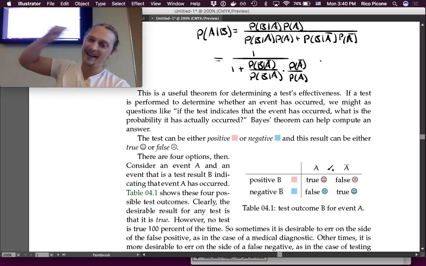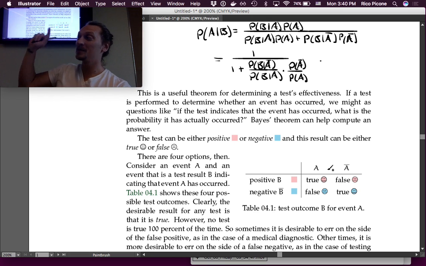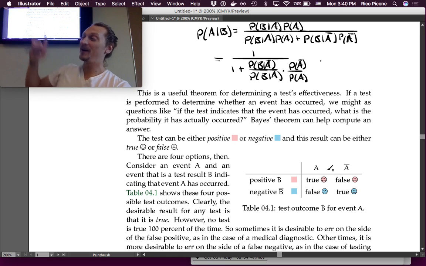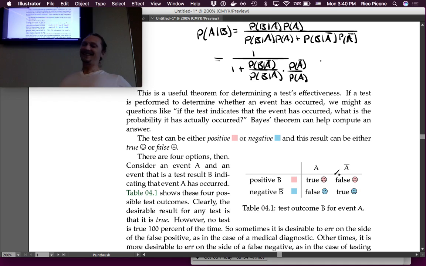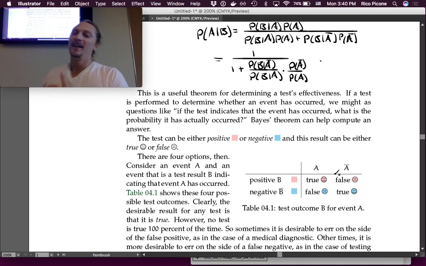You get a positive, you want to be pregnant, you actually are pregnant, you get a positive test result that you are pregnant, you have a true positive, smiley face. Okay?